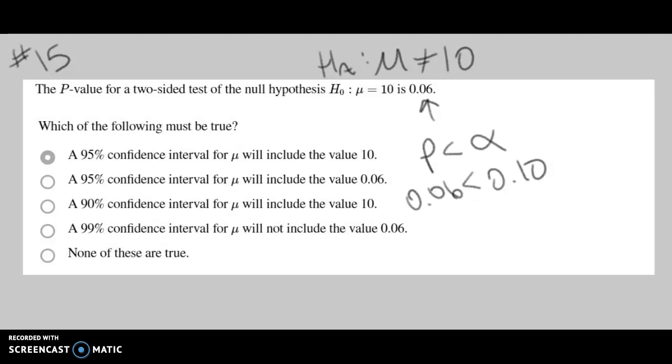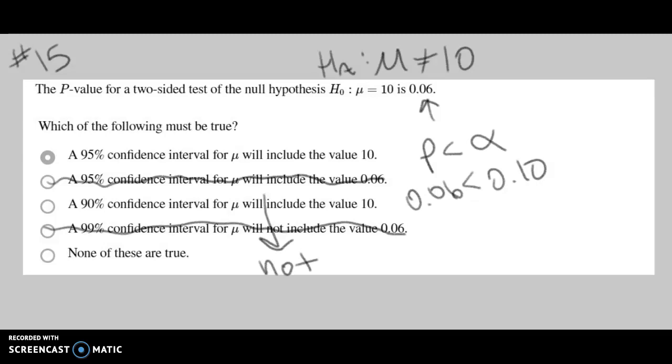So if I look at my answer choices, first, these ones are garbage. That doesn't even make sense. It's not going to contain the p-value. So if p is only less than alpha when alpha is 10%, then for my confidence interval to match that, it would have to miss it at that point. So 90% is going to be too small to capture the 10. At 90%, I would reject the null hypothesis, which means that the confidence interval would not include the value of 10.